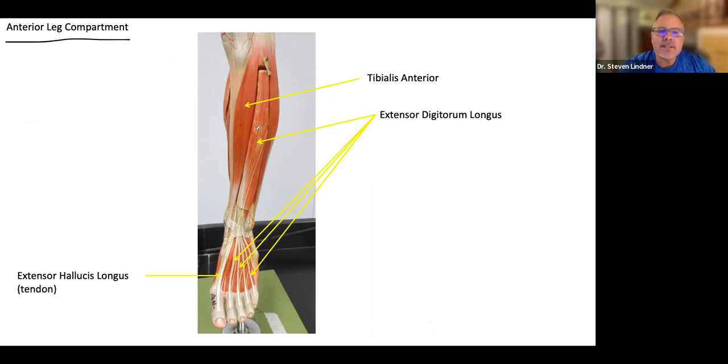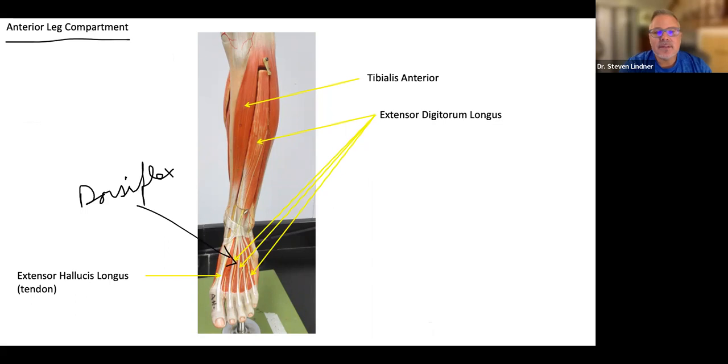We can clearly see that there are muscles on the anterior leg. These are the bellies of the muscle, but you can see that they cross the ankle. So these anterior muscles that cross the ankle, at the ankle, they will dorsiflex the foot or the ankle.